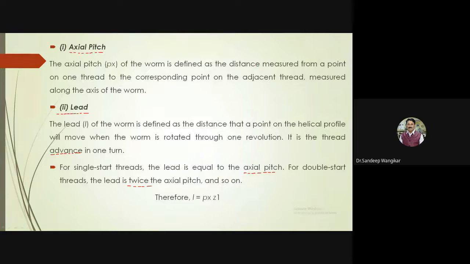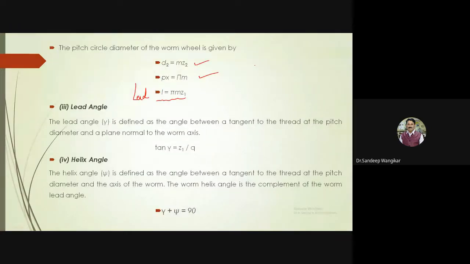Now let us focus on these two angles, helix angle and lead angle. Lead angle gamma, helix angle psi. The lead angle is defined as the angle between tangent to the thread at the pitch diameter and the plane normal to the worm axis. You can write tan gamma is equal to Z1 divided by q.